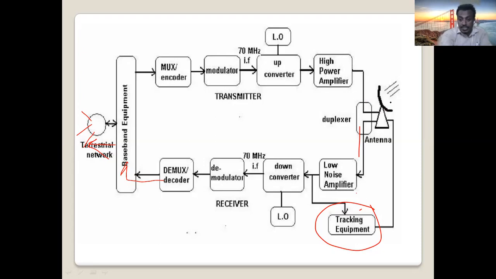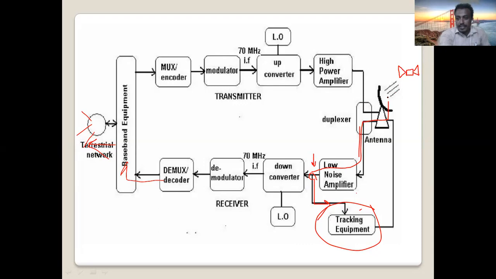from the antenna, we receive the downlink frequency signal, which comes amplified. You see, some portion of this signal goes to the tracking equipment. It's just like a sensor. It senses the signal power being received. If this signal power goes down, it decreases, which means there must be adjustment between what?